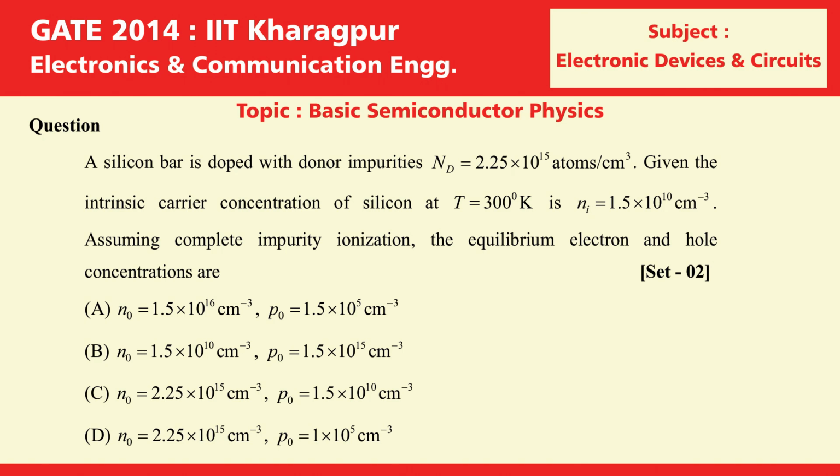Option C is n0 = 2.25 × 10^15 per centimeter cube and p0 = 1.5 × 10^10 per centimeter cube. Option D is n0 = 2.25 × 10^15 per centimeter cube and p0 = 1 × 10^5 per centimeter cube.